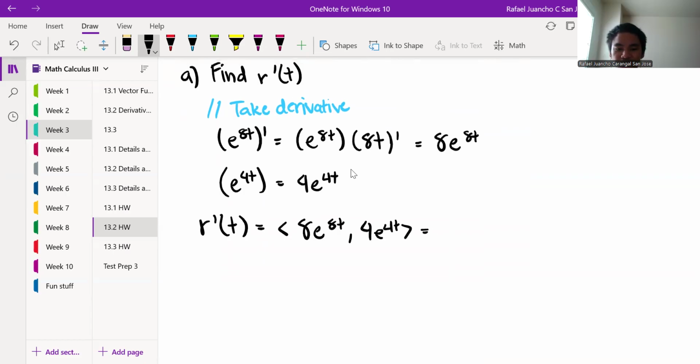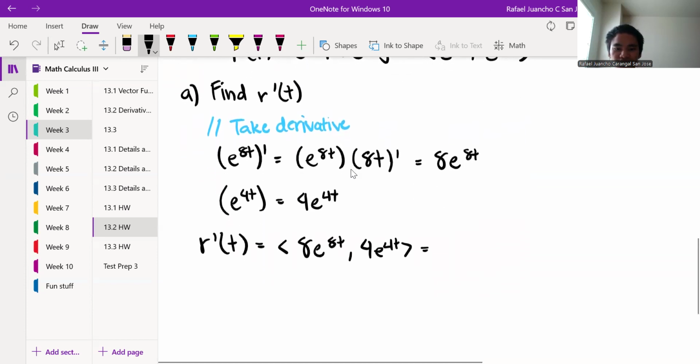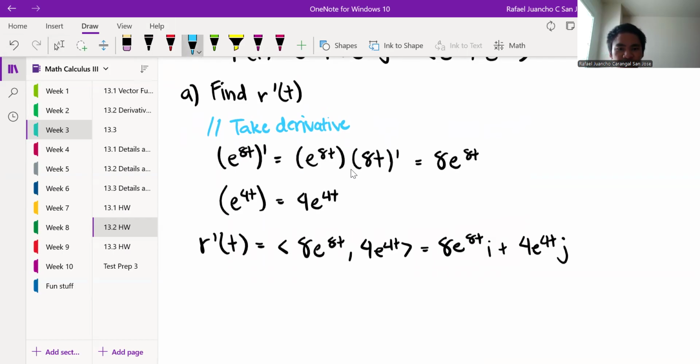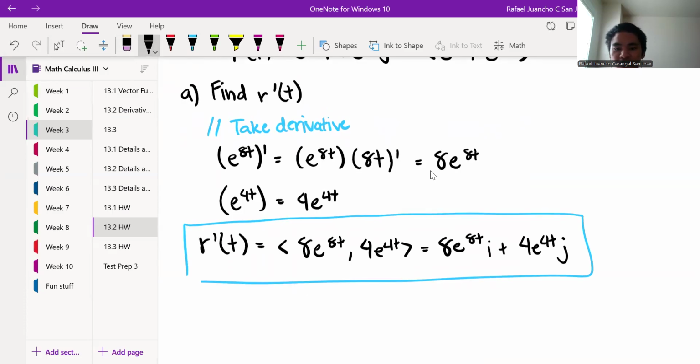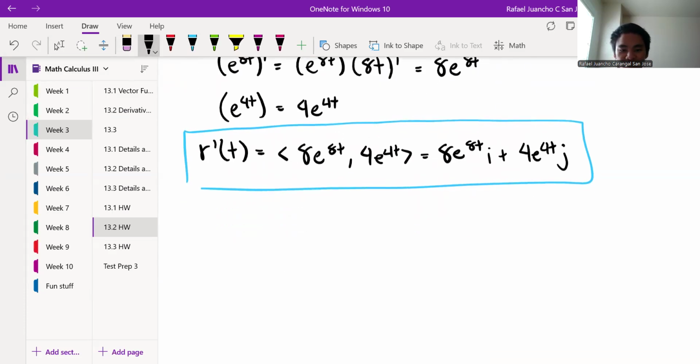And we could also put them in ij. So we could put them in either way. Either format is okay, but I prefer this format, so I'm going to write it that way.